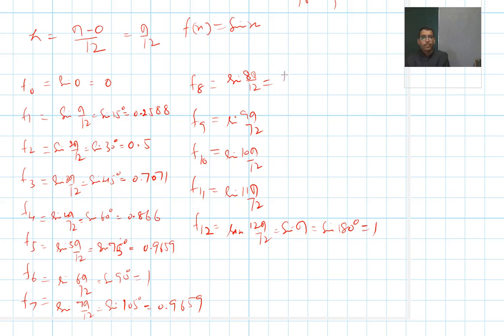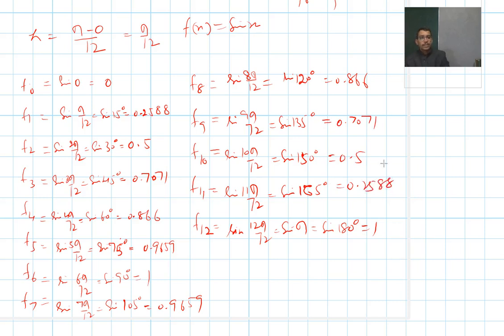Here it is sine of 120 degrees, 135 degrees, 150 degrees, and 165 degrees, and their values are 0.866, 0.7071, 0.5, and 0.2588. Thus we have evaluated these different values.